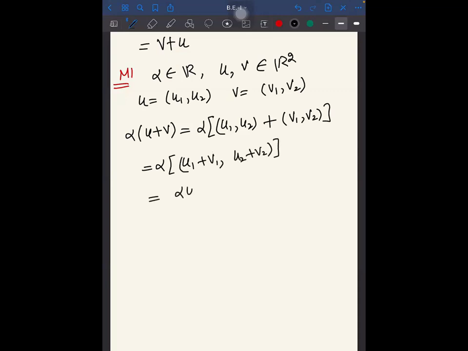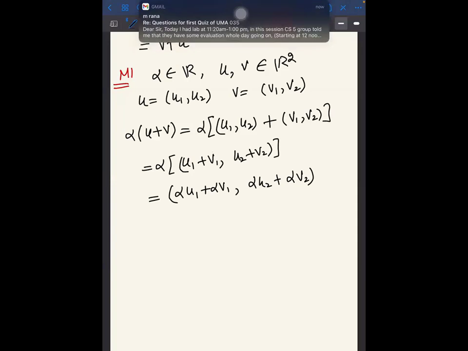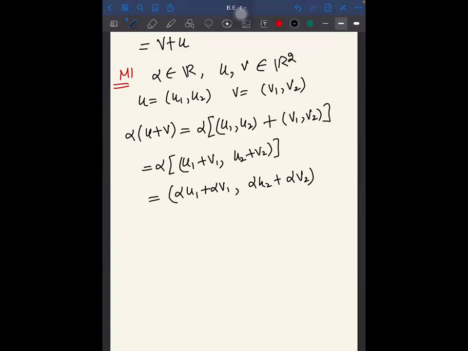And this is something alpha u1 plus alpha v1, alpha u2 plus alpha v2. Can we write it in this way? Yes, sir. Is it fine? Yes, sir. So further, it should look like alpha u1, alpha u2 plus alpha v1, alpha v2.